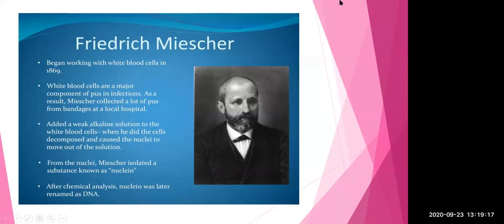From the nuclei, Miescher isolated a substance known as nuclein, and after chemical analysis, nuclein was later renamed DNA. So he was the first person to discover the DNA which is present in the nucleus. Friedrich Miescher, you can see this.